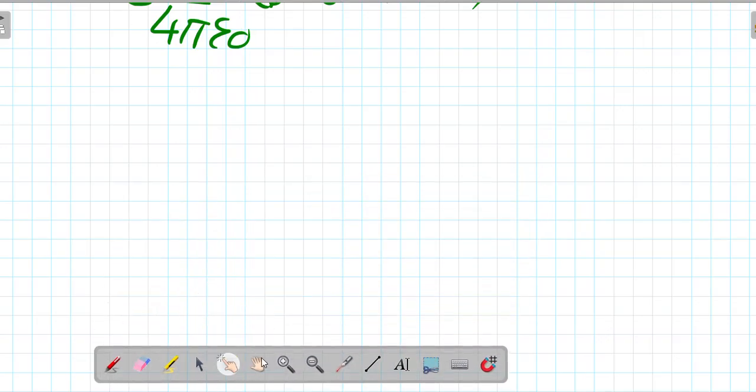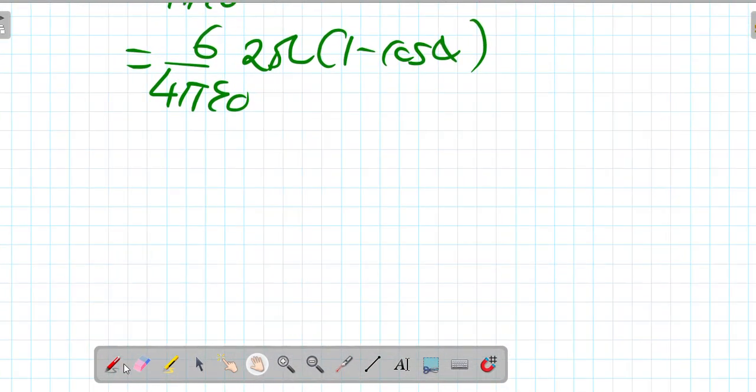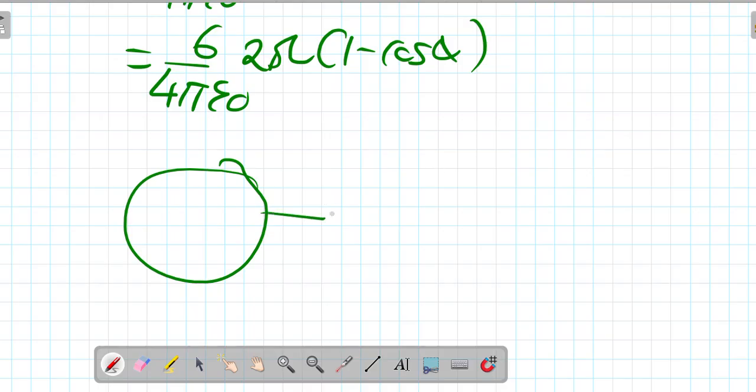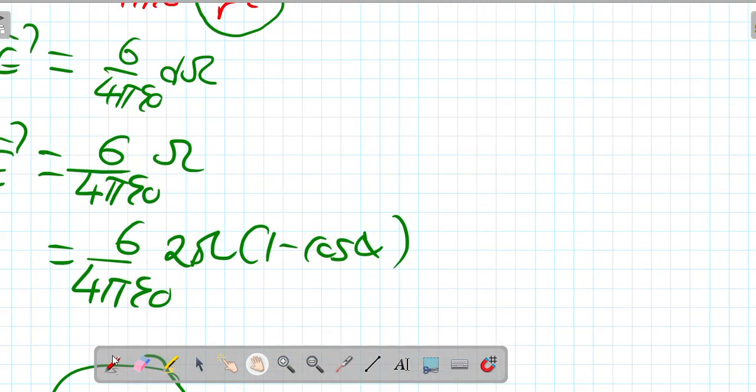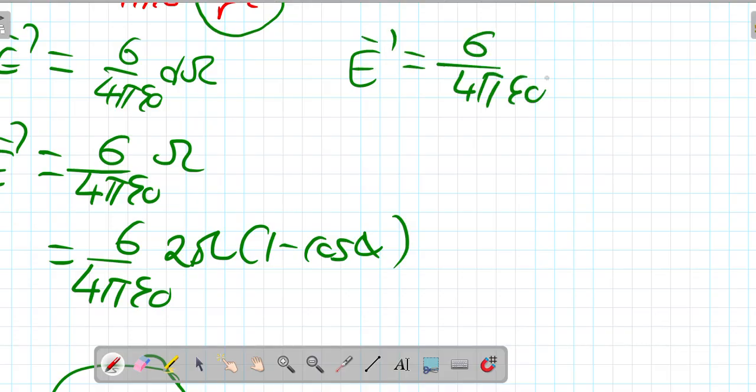Now this can be deduced from the answer you found. We know that a disk is just an infinite plane if the radius goes to infinity. Since we're dealing with solid angle, you retain this formula. We know that E for the disk is equal to sigma over 4 pi epsilon 0 times the solid angle.